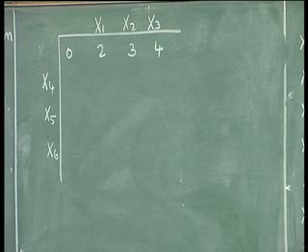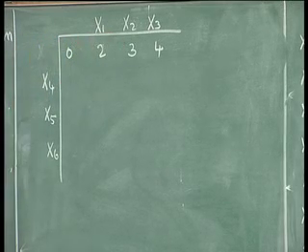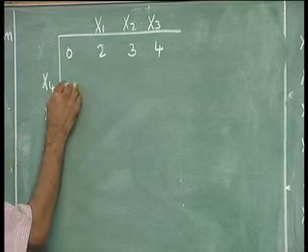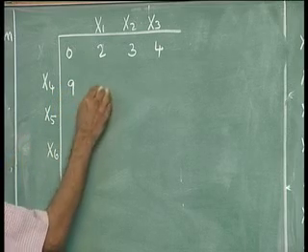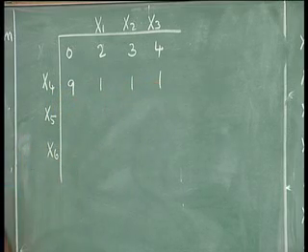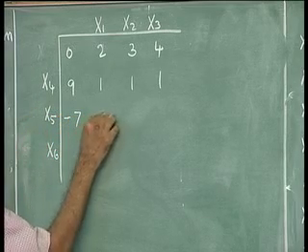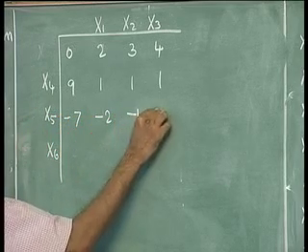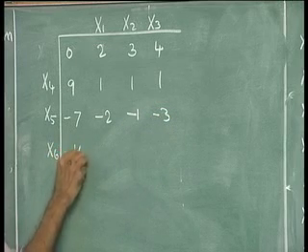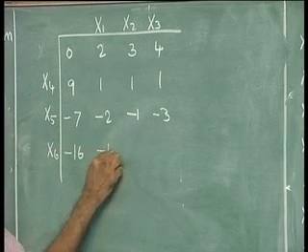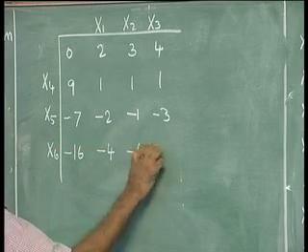You may have a negative also here, then this will become a minus 3. Now, this is a less than or equal to constraint. So, 9, 1, 1, 1. This is a greater than or equal to constraint, minus 7, minus 2, minus 1, minus 3, and this will become minus 16, minus 4, minus 6, minus 5.